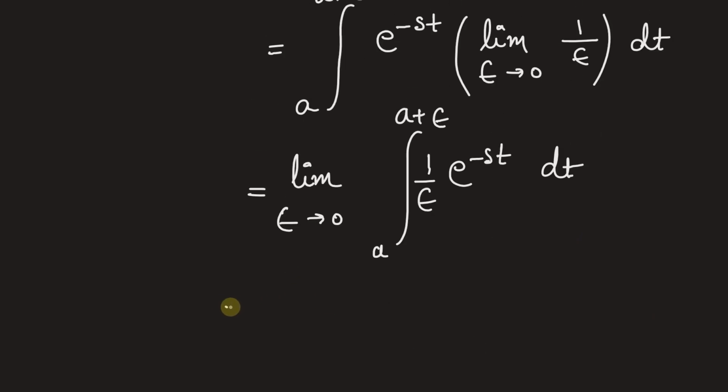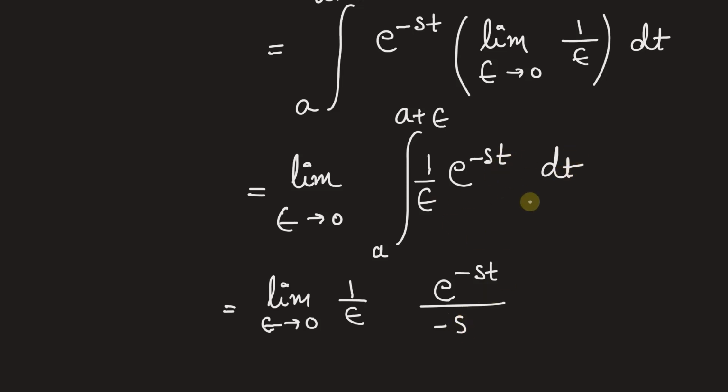So limit epsilon tends to 0, 1 upon epsilon, and the integral of e to the power of minus st will be e to the power of minus st divided by minus s, because we are integrating with respect to t only, and the lower limit is a and the upper limit is a plus epsilon.